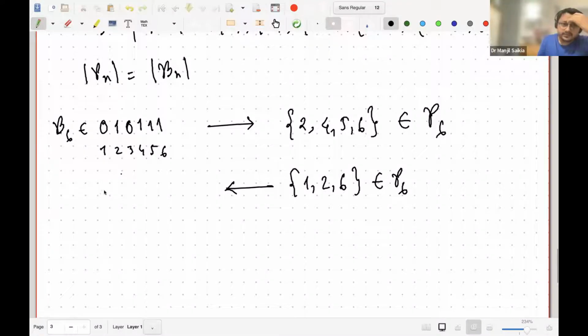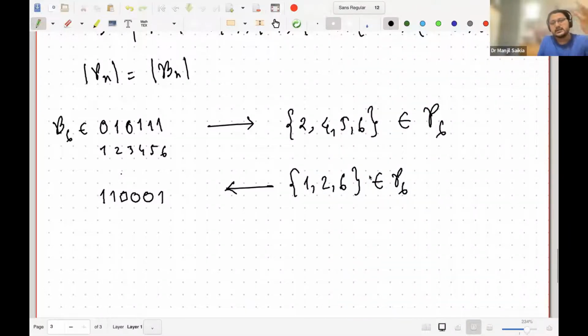Since 1 appears, I put a 1 in the first position. 2 appears, so I put a 1 in the second position. 3 does not appear, so I put a 0. 4 does not appear, I put a 0. 5 does not appear, I put a 0. And then 6 appears, I put a 1 in the 6th position.